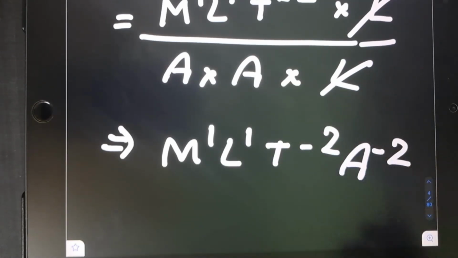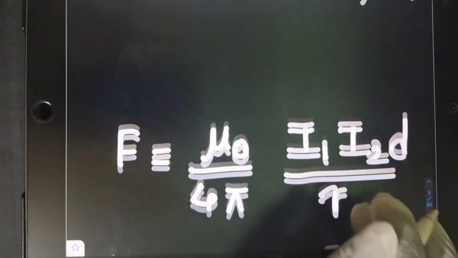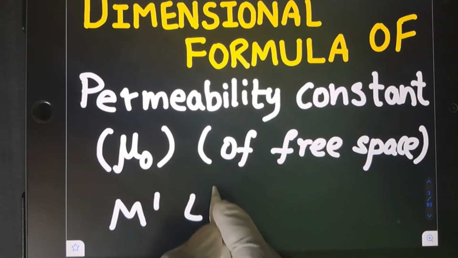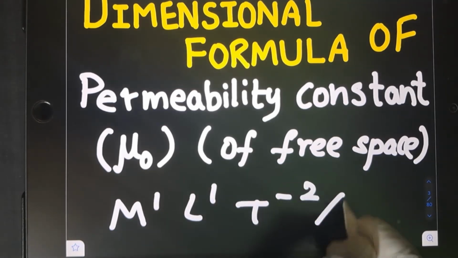The permeability constant dimensional formula is M^1 L^1 T^-2 A^-2.